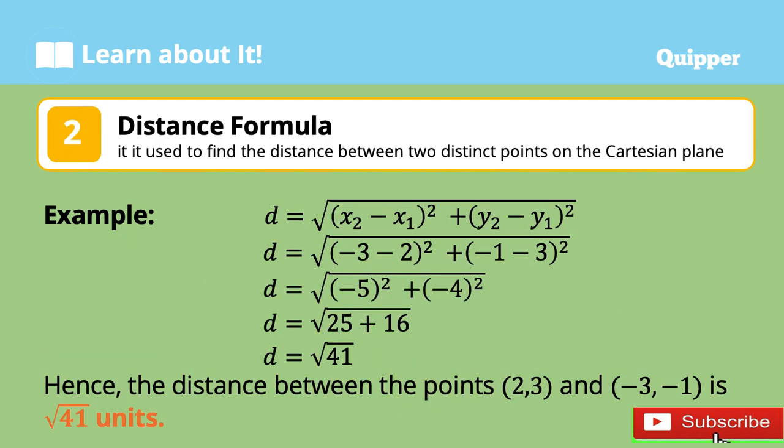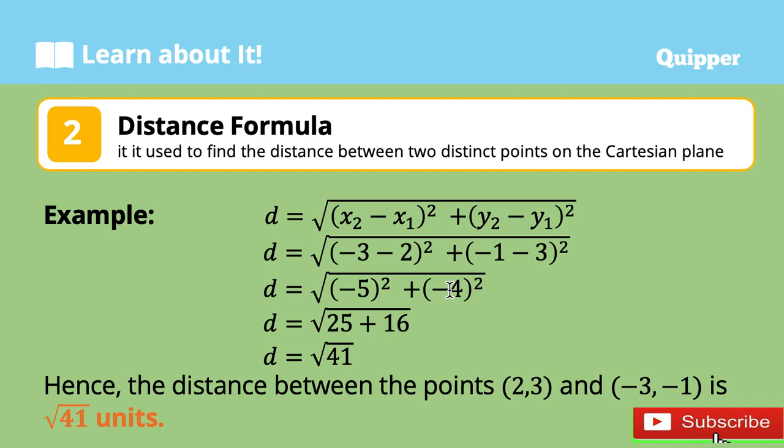Okay, so we have now negative 3 minus 2 squared plus negative 1 minus 3 squared. Now let's simplify this one. Negative 3 minus 2, that's negative 5. And negative 1 minus 3 is negative 4.